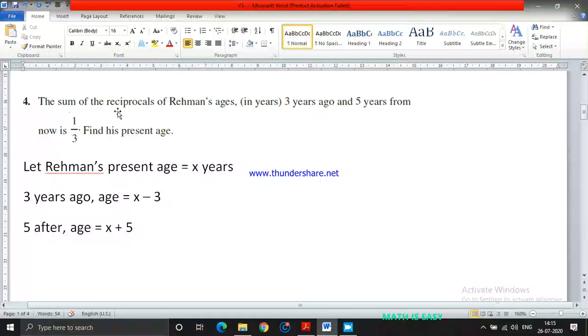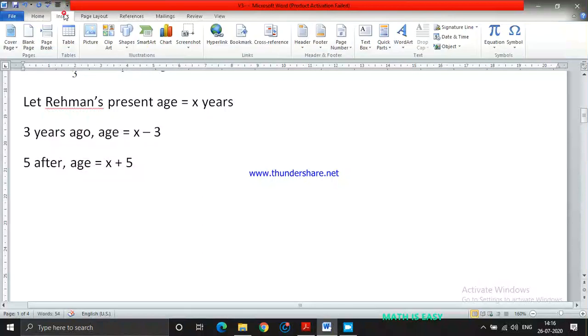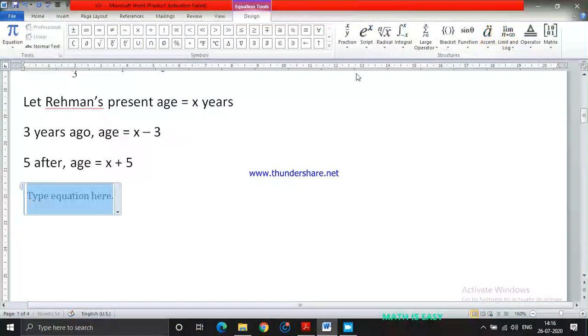Now what is given? Sum of the reciprocals of the age 3 years ago and 5 years from now. What do you mean by reciprocal? If 2 is there, then the reciprocal of 2 is 1 by 2. If 3 is there, reciprocal of 3 is 1 by 3. So similarly, reciprocal of x minus 3, 3 years ago, is 1 upon x minus 3.